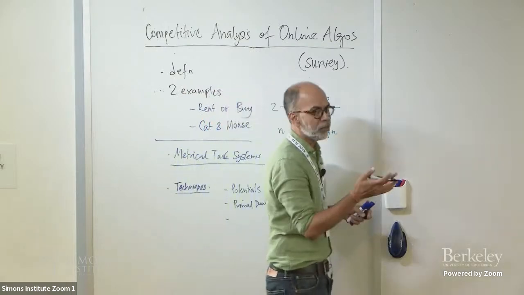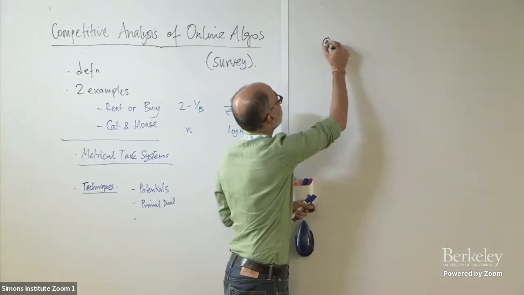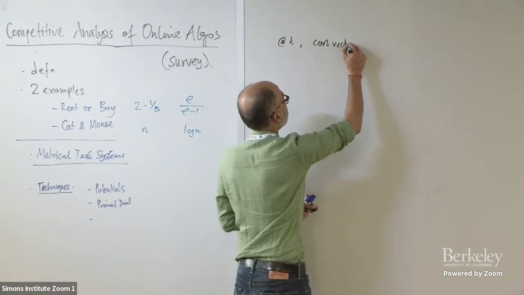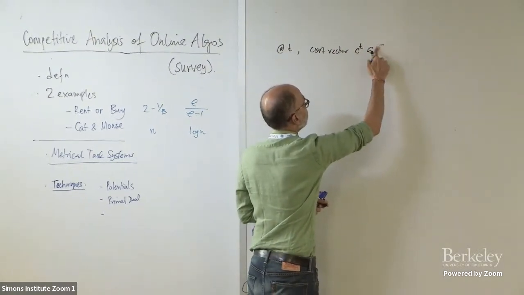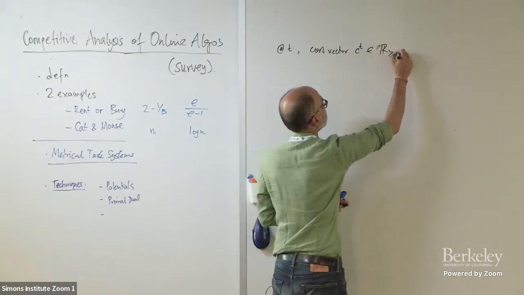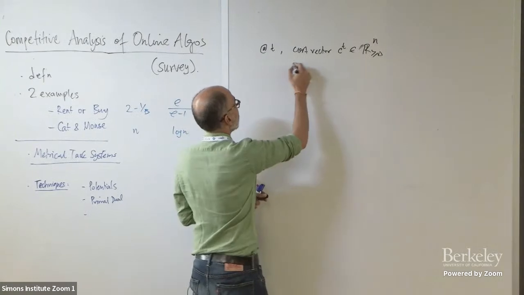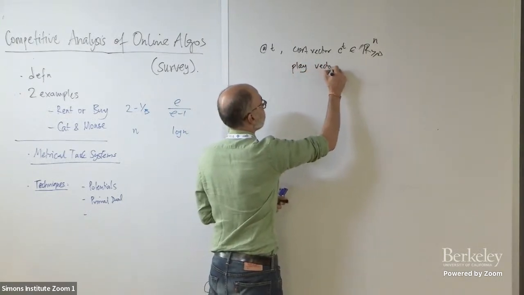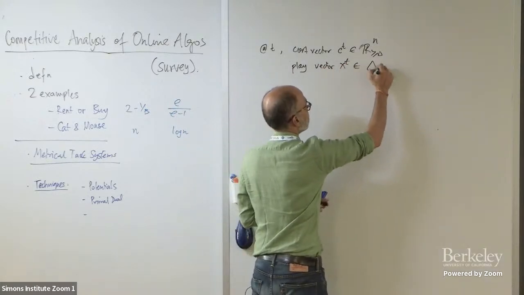So here's one way of writing the cat and mouse game. Here's what's going to happen at time t. I'll see a cost vector, ct, and this belongs to, let's say, the positive reals of n dimensions. And what I have to do is play a vector xt, which belongs to the probability simplex.